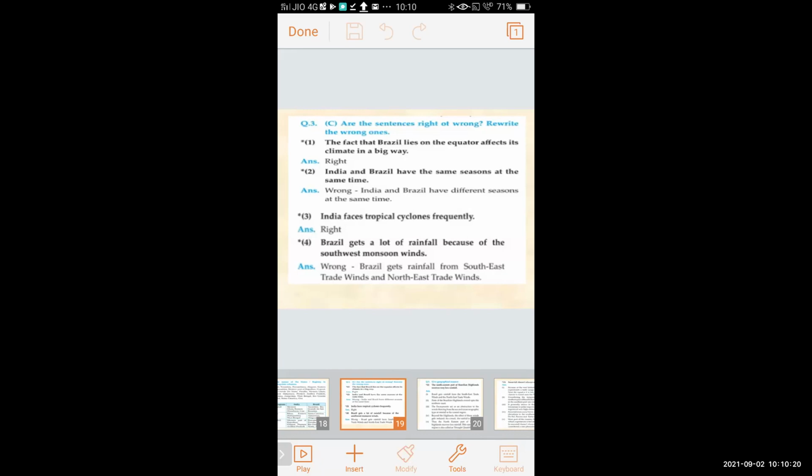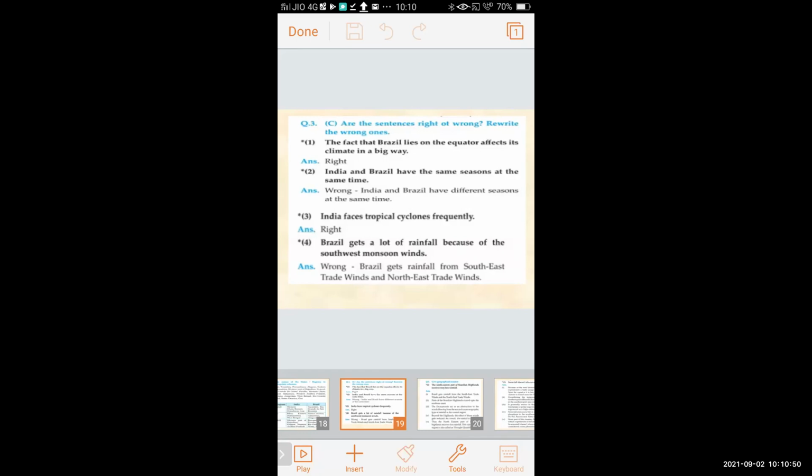Fourth question. Brazil gets a lot of rainfall because of the southwest monsoon wind. So the answer is wrong. Brazil gets rainfall from the southeast trade winds and the northeast trade winds, not because of the southwest monsoon winds.